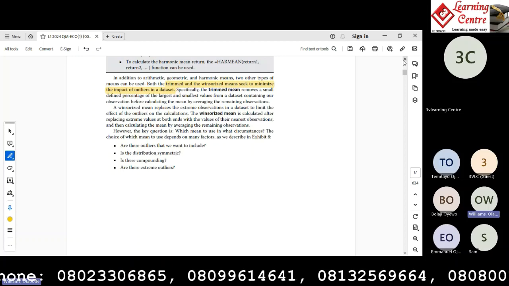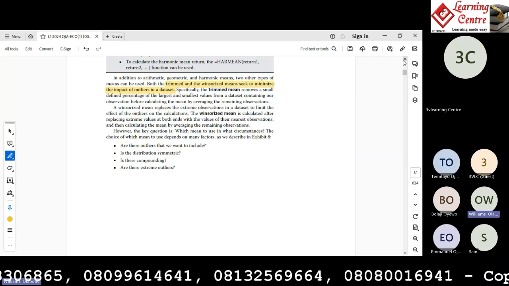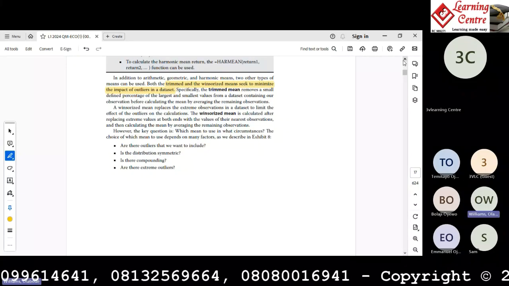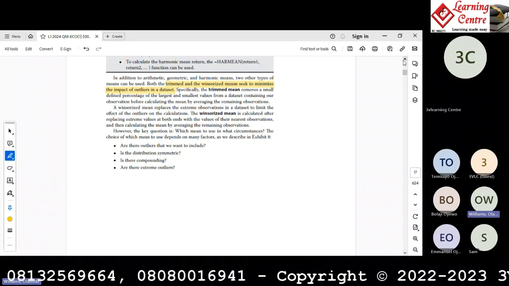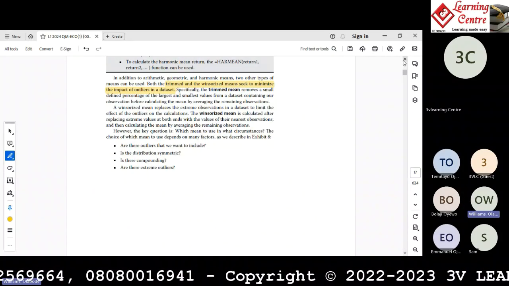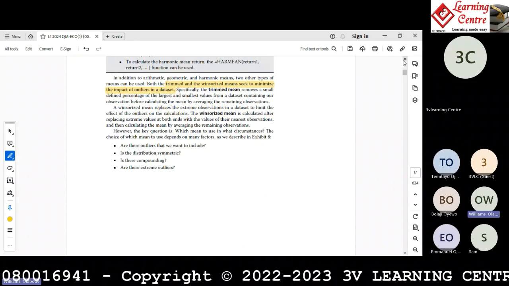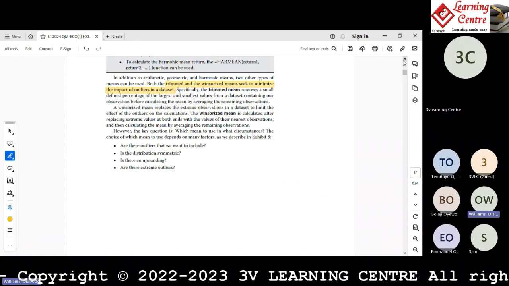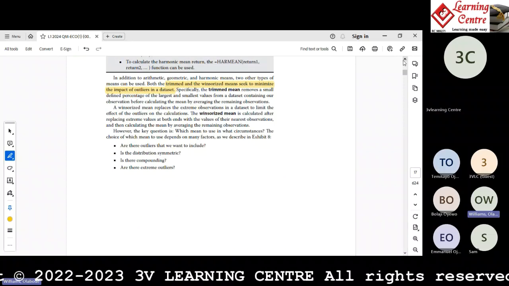So I will now have two 50s at the end of my data and two 2s at the beginning. Then I use those observations to calculate my mean. That is the winsorized mean.